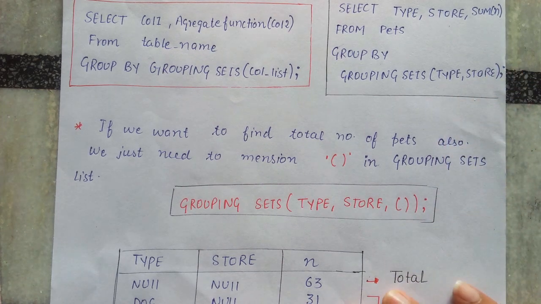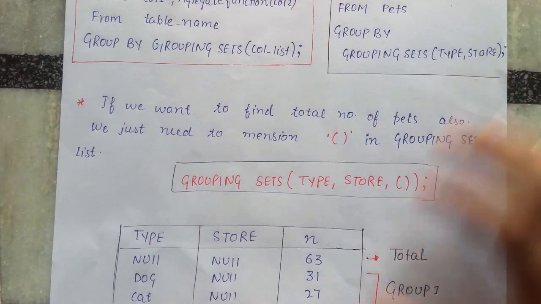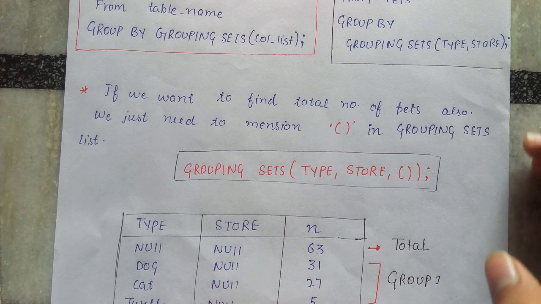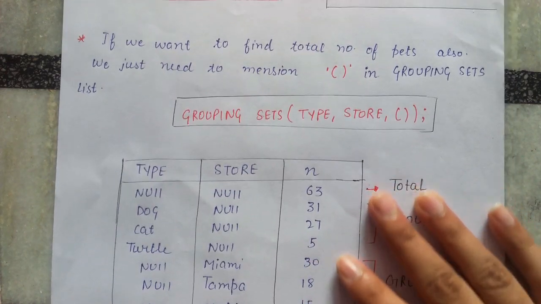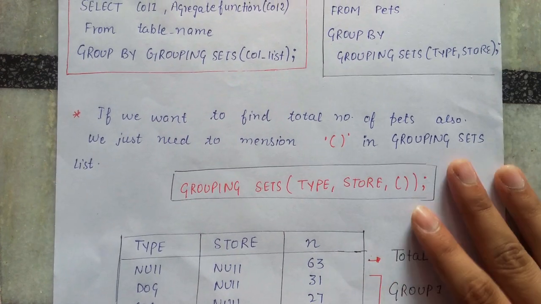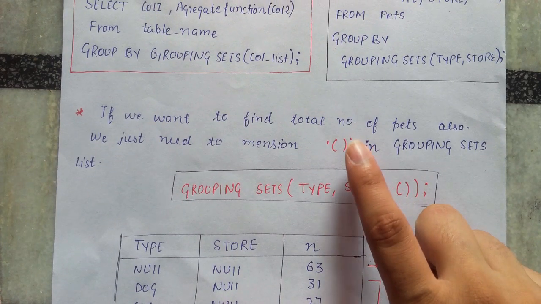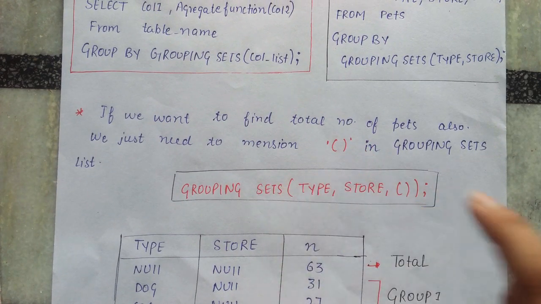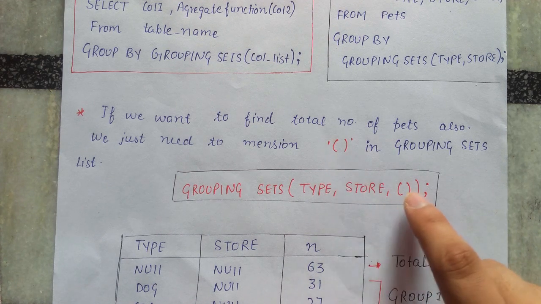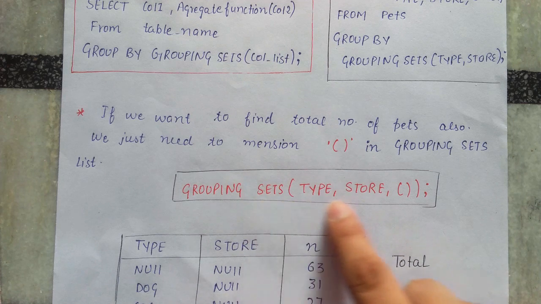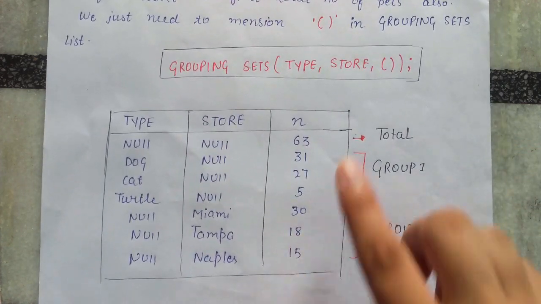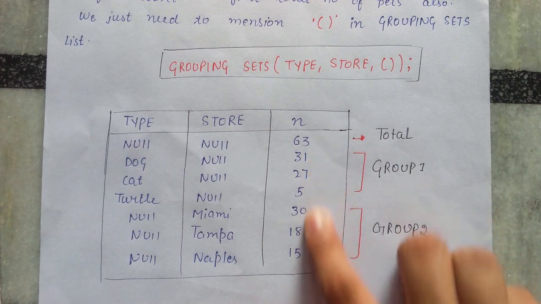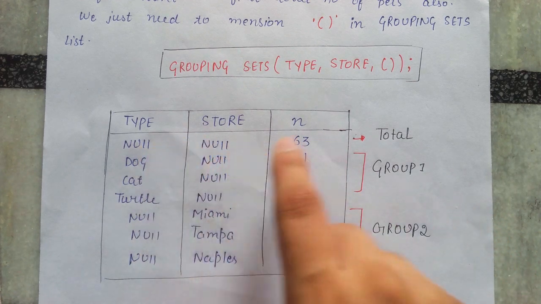Now one more thing one must know about grouping sets. If we wish to find the total number of animals present in the table, there is one advantage of grouping sets. If we mention open and close parentheses along with the grouping sets list, it will also return the total of all the animals. See, null, null, and 63.